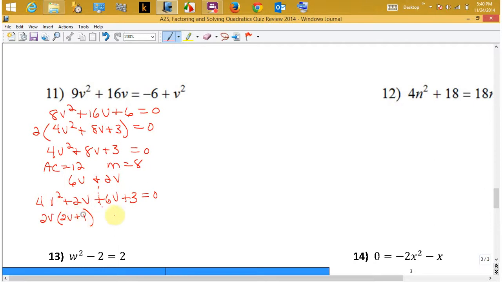So 2v plus 1. Over here, I'd have plus 3 times 2v plus 1. So I would have 2v plus 3 times 2v plus 1 is equal to 0. For this one, I've got v is equal to negative 3 halves. For this one here, I have v is equal to 1 half.